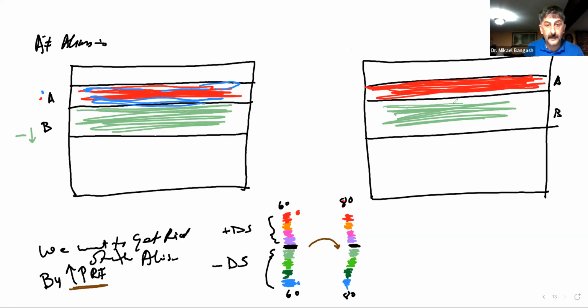Now, what may happen is, if we still increase our Nyquist limit, and I'm not going to sit here and draw a new color map, let's say it goes to 100 and 100.